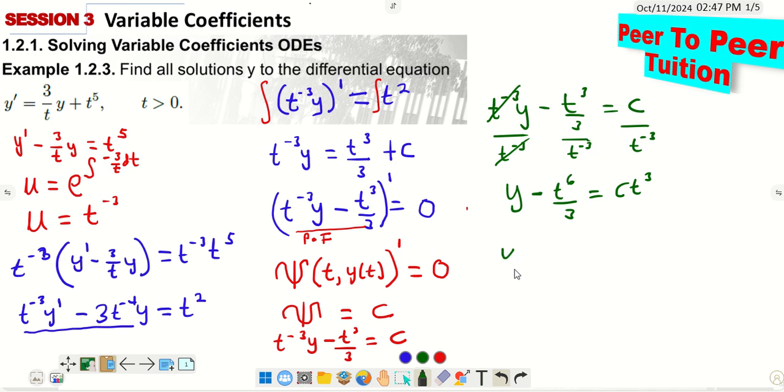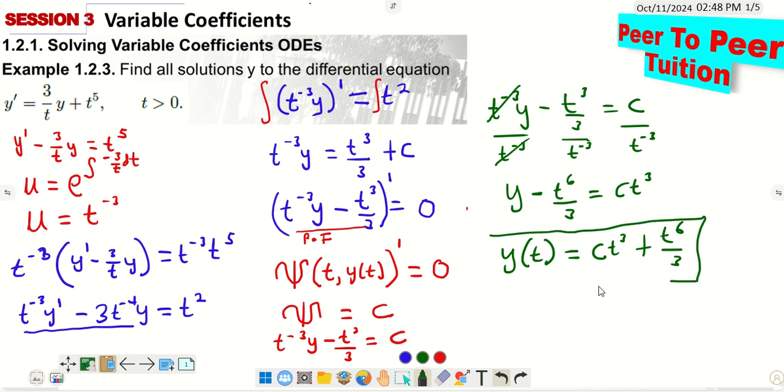And finally, we can express y as a function of t, which is equal to c t to the power 3 plus t to the power 6 all over 3. And that is the solution to this differential equation.